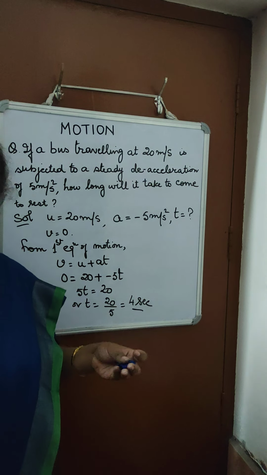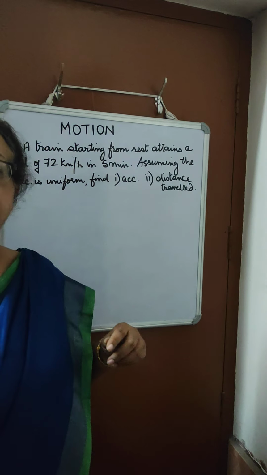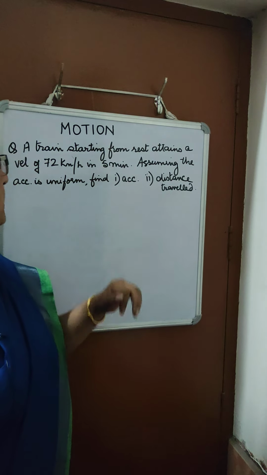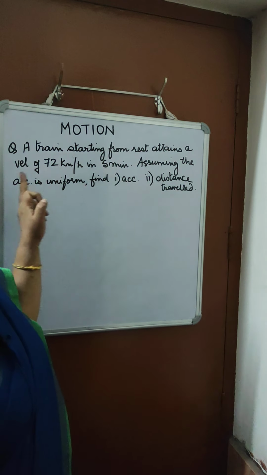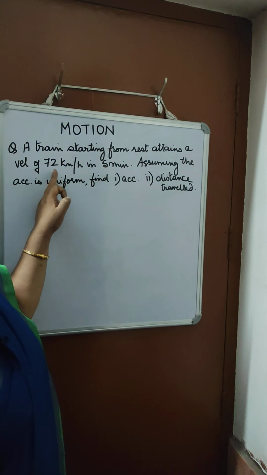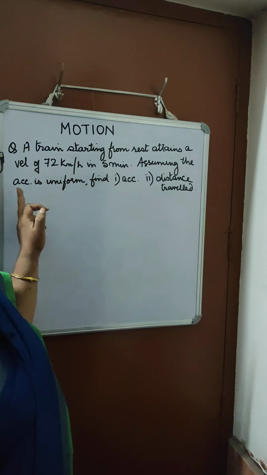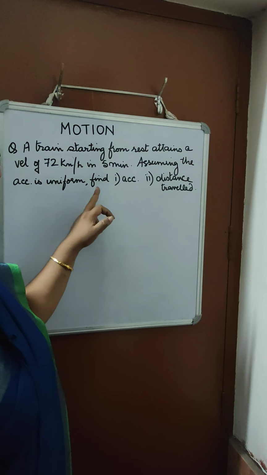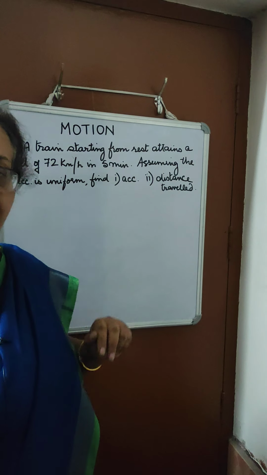So come on, let's see another numerical. Yes, the next one: a train starting from rest attains a velocity of 72 km per hour in 5 minutes. Assuming the acceleration is uniform, find number 1, the acceleration, and number 2, the distance travelled.